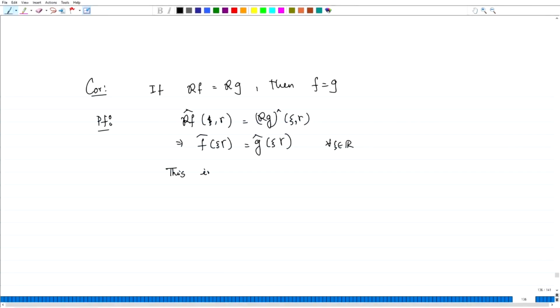This implies f hat of x is equal to g hat of x for all x in R 3. So, by uniqueness of the Fourier transform, this implies that f is equal to g.